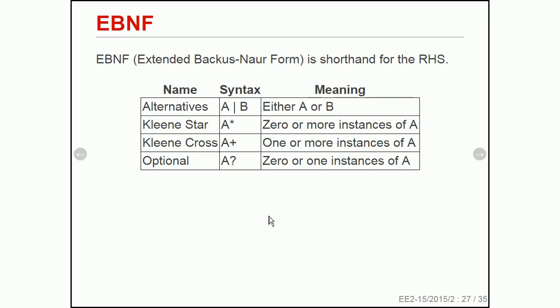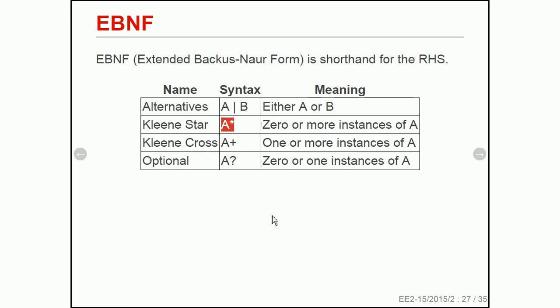Kleene star is a way of dealing with multiple instances of a particular symbol. So here we've got A star. And what this means is that where you see A star, there could be one A, or there could be two A's, or there could be 10 A's, or there could actually be 0 A's. None of them appear at all. Kleene cross is slightly different.